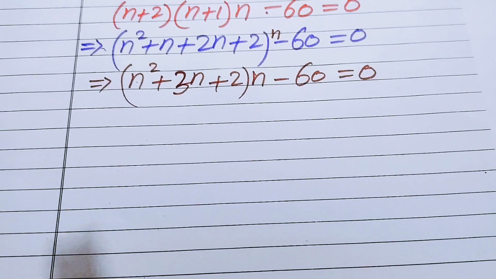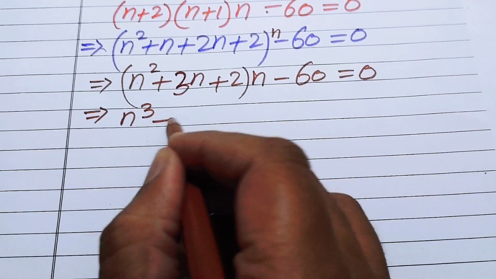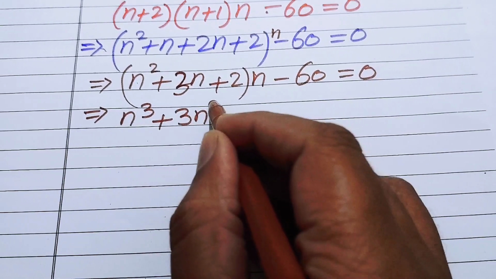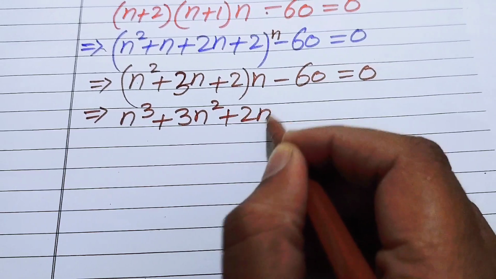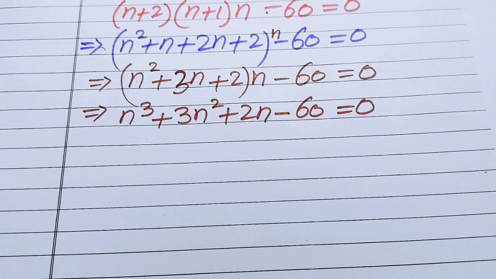In the next step we multiply this n on each term, and we get n cubed plus 3n squared plus 2n minus 60 equals 0.